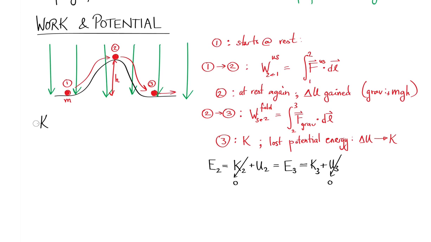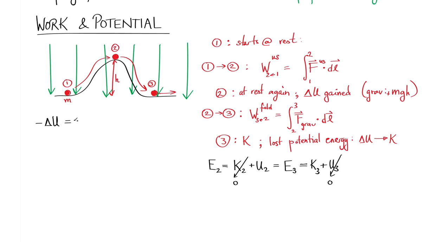Okay, let me just actually change this here. So let's consider now in going from 2 to 3, we lose some potential energy, right? So I'm going to make this a minus delta U. So we've lost some potential energy when we roll down the hill.